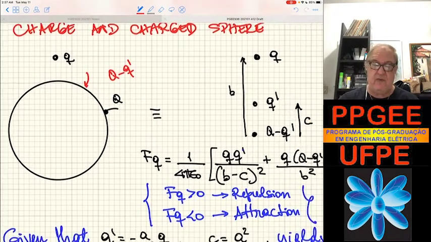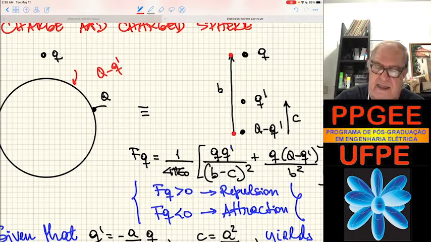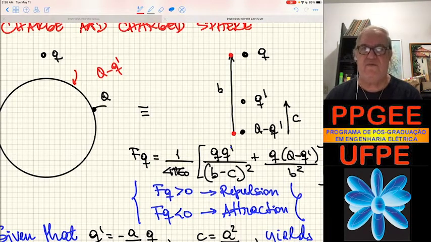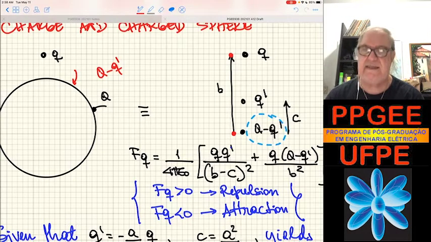So the problem is equivalent to a point charge q a distance B from the origin. Here is the origin, and this is the location of the charge. The image is located at a distance C, which is here. The remaining charge distributes uniformly, but a uniform distribution is equivalent to a charge at the center.